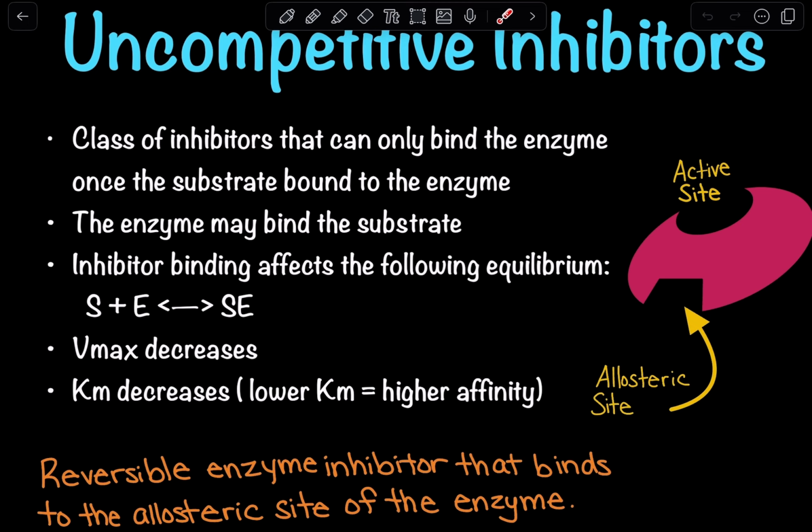So to review, uncompetitive inhibitors are a class of inhibitors that can only bind to the enzyme after the substrate has bound to the enzyme. And remember that uncompetitive inhibitors and non-competitive inhibitors bind to the allosteric site, which is just any other specific location on the enzyme that is not the active site. And competitive inhibitors will bind to the active site.